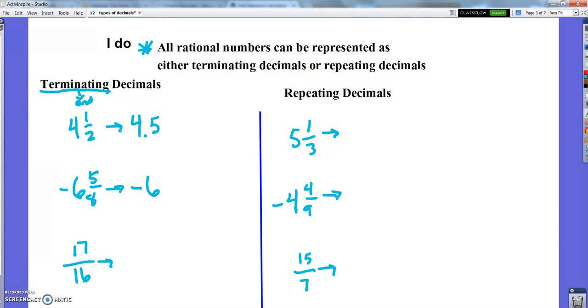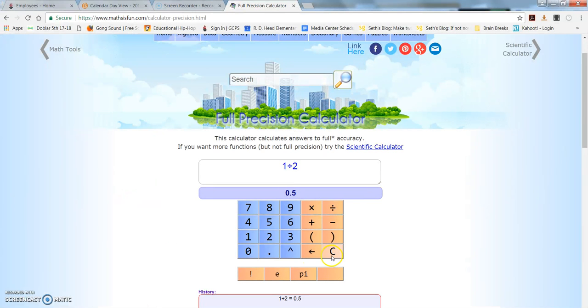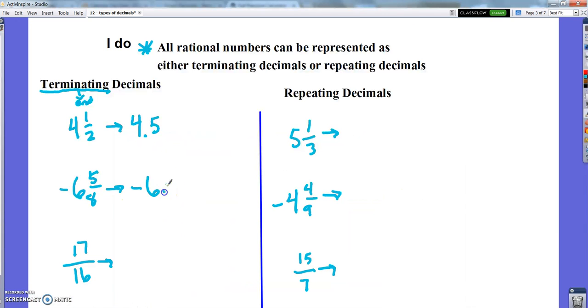This one's going to be the same. 6 5/8. If I go to my calculator and do 5/8, the decimal for that is 625 thousandths. And again, that decimal ends. It doesn't keep going. It has a finishing digit.